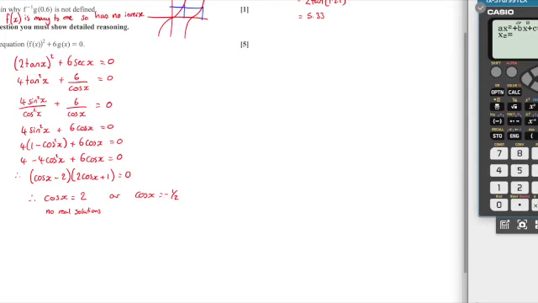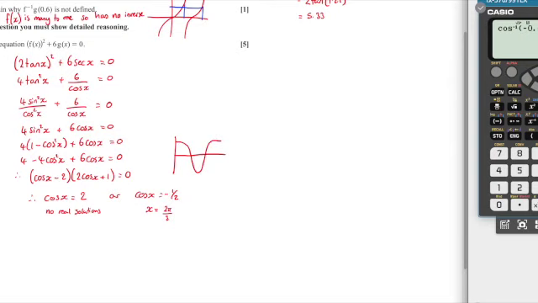Well, let's do that then. So I'm going to go back to number 1. I want inverse cos of minus 0.5, which is 2/3 of pi. And then let's look at what our cos looks like.